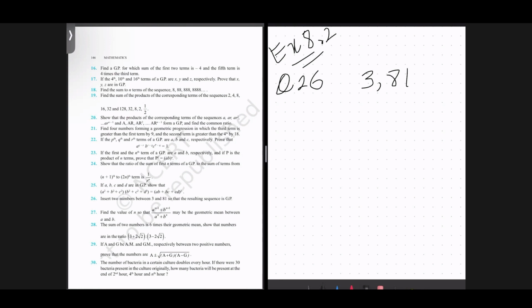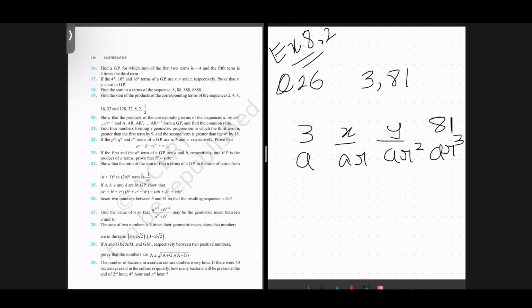Let us say that 3 is the first term of my GP. Let us note that by A. The next term of my GP, let's say X, would be AR. Y, another term in this GP itself, is going to be AR square, and 81 is going to be the fourth term in this GP, AR cube.